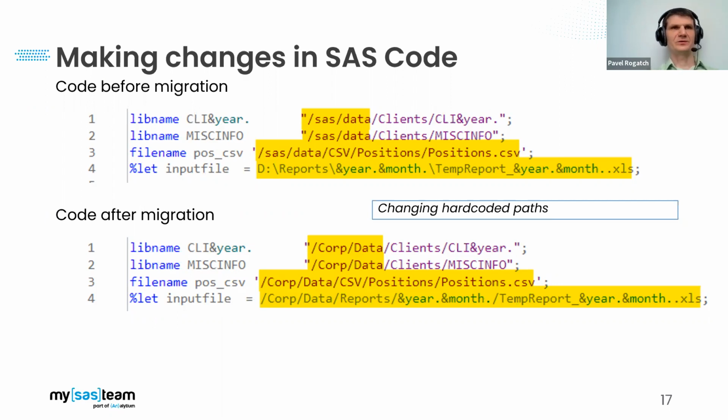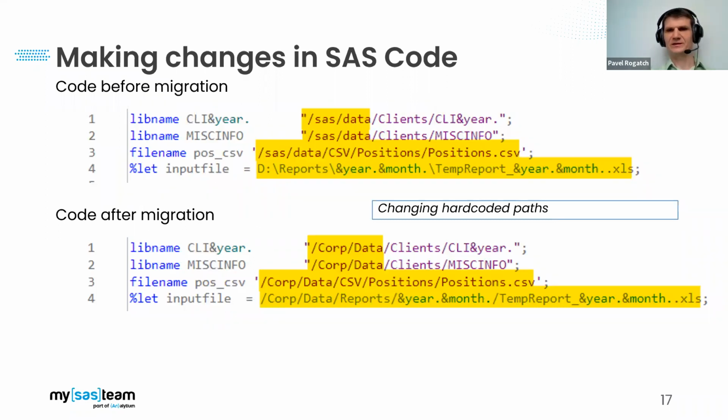On the top, you see in yellow the old path on the old platform. It could be in a libname statement, a filename statement, a %let, or some other place. We had to change all this programmatically to avoid manual work. There were a lot of such changes.